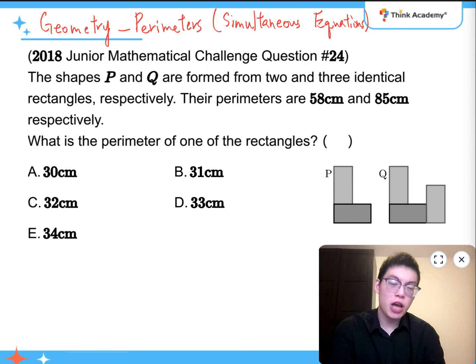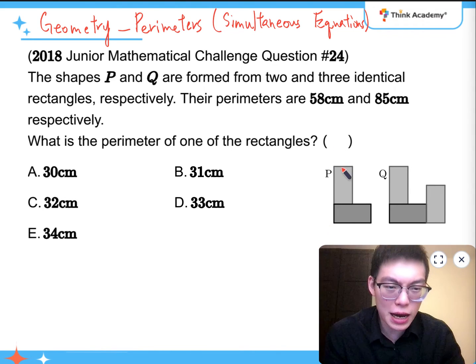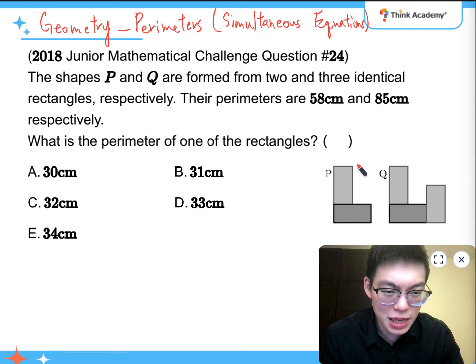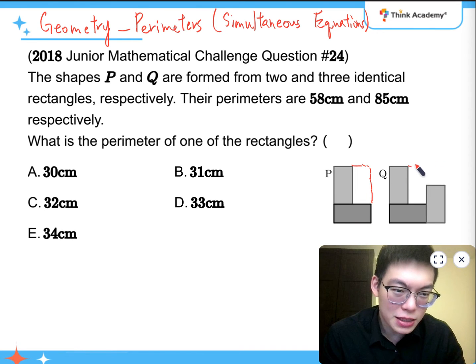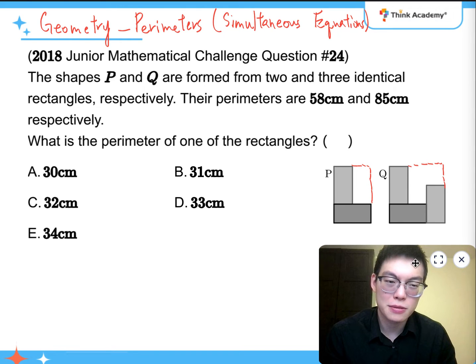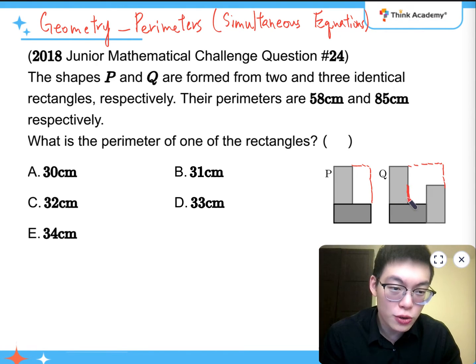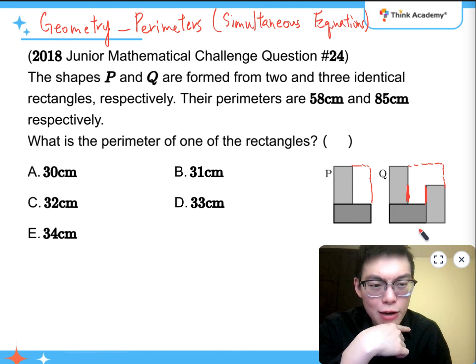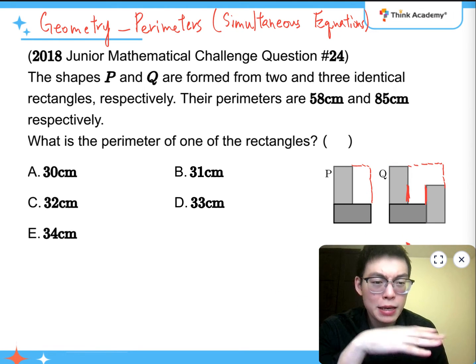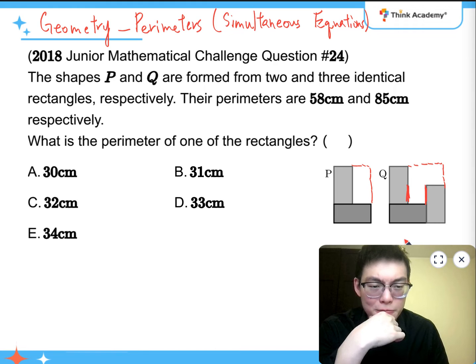So, if you know that you can try to pop these shapes up, it might be a little bit easier for you. So, for example, I can make it look like this, but with 2 extra lines, right? So, how can we describe the perimeters then?